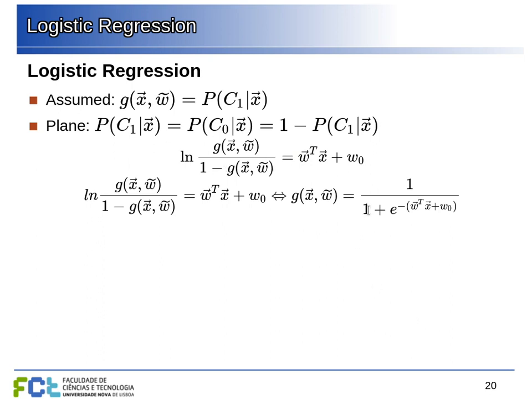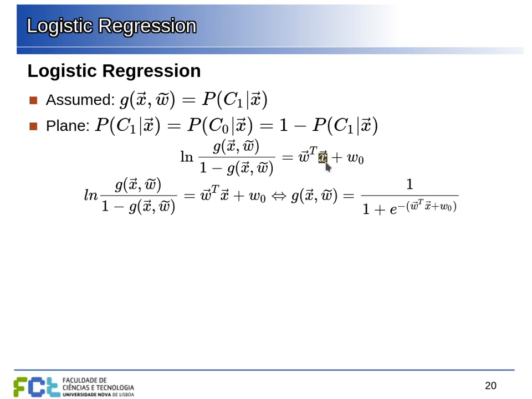So in order for this to work, this must be the function that we're going to use: 1 over 1 plus e raised to minus this expression here for the discriminant, which includes the parameters and the point that we are using.